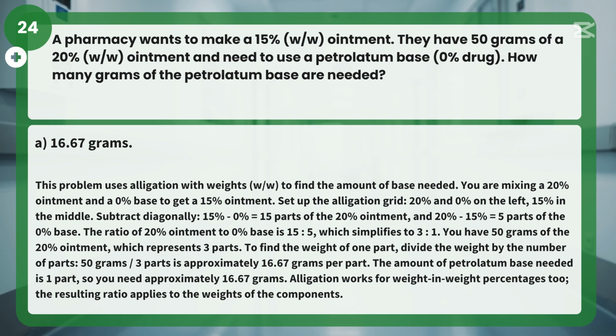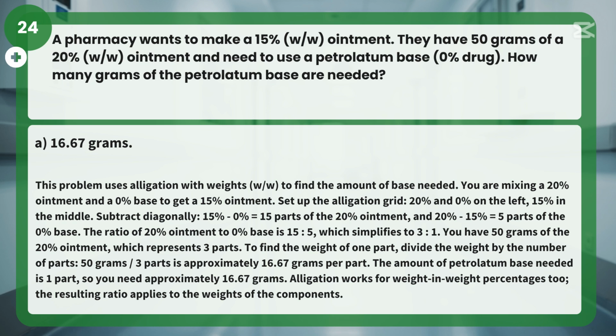You are mixing a 20% ointment and a 0% base to get a 15% ointment. Set up the alligation grid, 20% and 0% on the left, 15% in the middle. Subtract diagonally: 15% to 0% equals 15 parts of the 20% ointment, and 20% to 15% equals 5 parts of the 0% base. The ratio of 20% ointment to 0% base is 15:5, which simplifies to 3:1.